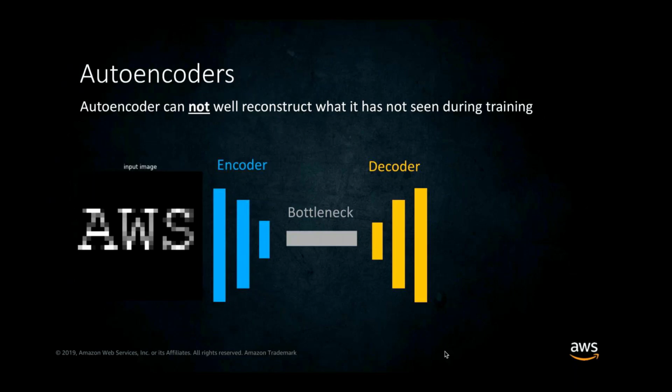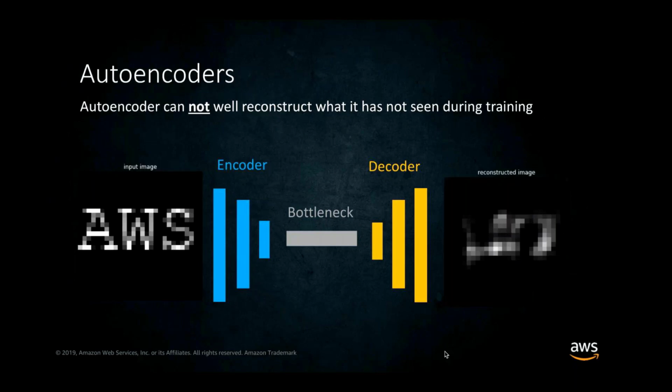What will happen is that the autoencoder will reconstruct something, but not very well, because it has never seen characters during training, so it will not be able to reconstruct them very well. And we can use this mechanism now to identify whether the given input into the autoencoder contains anomalies or not.